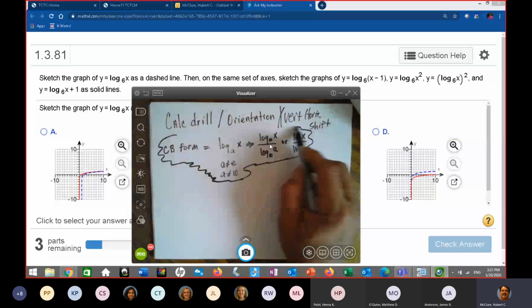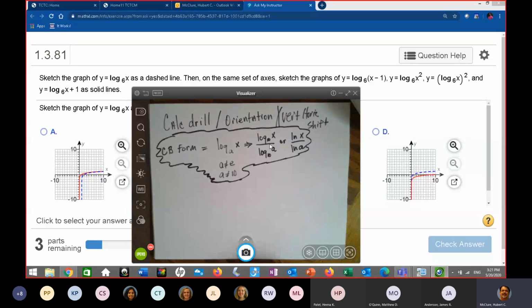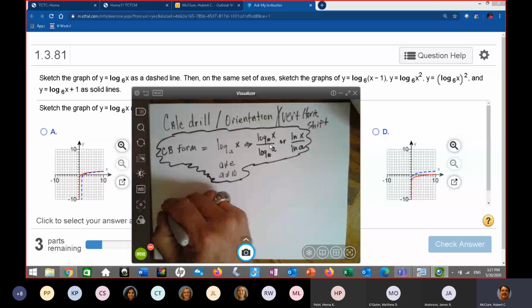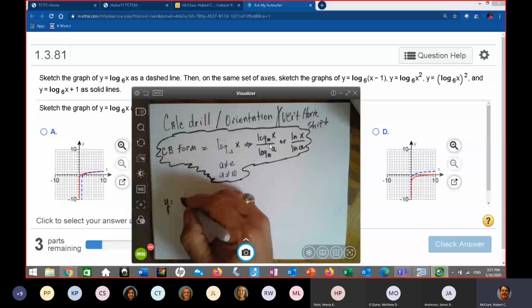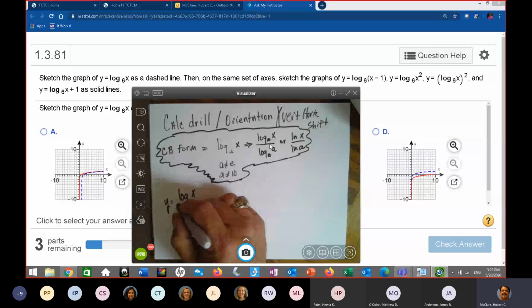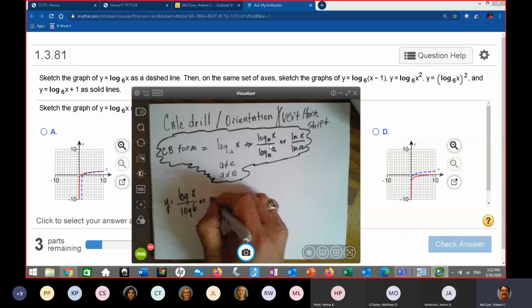Because the calculator, unless you have a new one that puts in the new base, you can't really graph these unless you put them in the change base formula. So this first one, log base 6 of x, is going to be f of x, or y in the calculator, is log of x over log of 6, or natural log of x over natural log of 6.